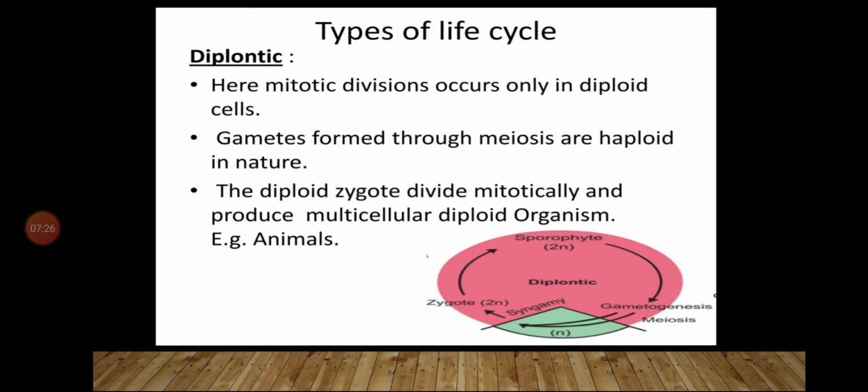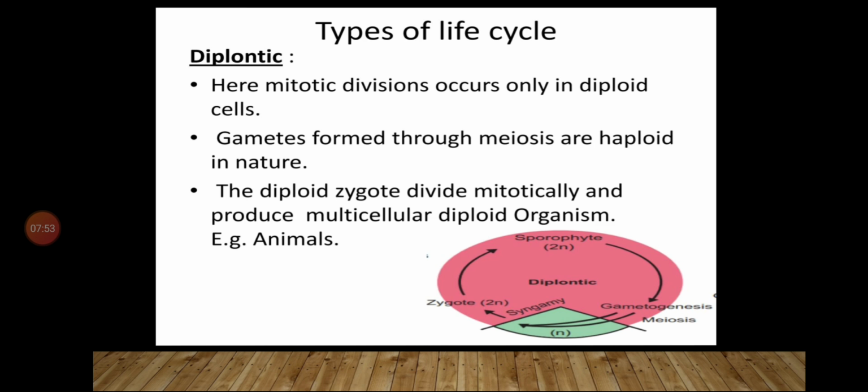Gametes formed through meiosis are haploid in nature, and the diploid zygote divides mitotically and produces a multicellular diploid organism. Okay, the diploid zygote divides mitotically, and in this process a multicellular diploid organism, or many diploid single cells, are produced.